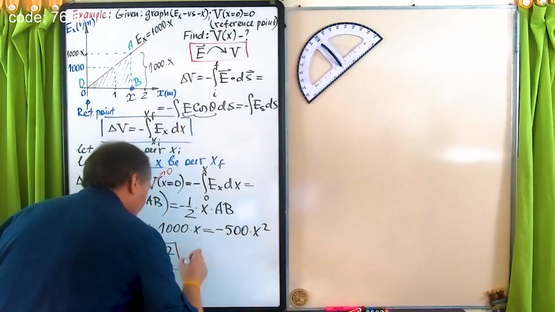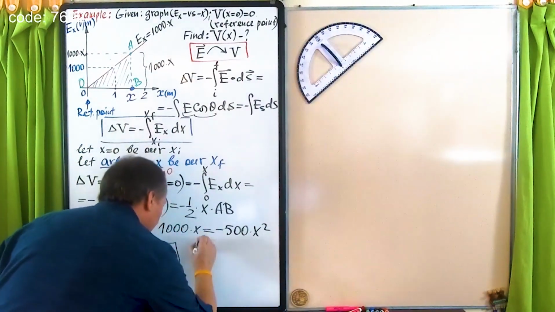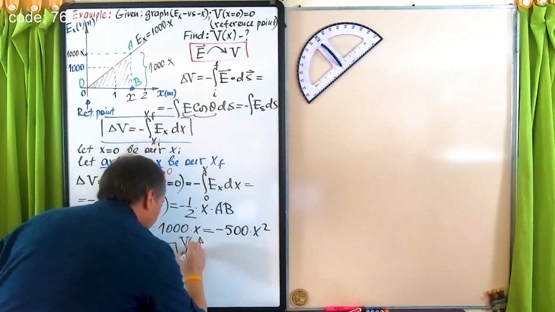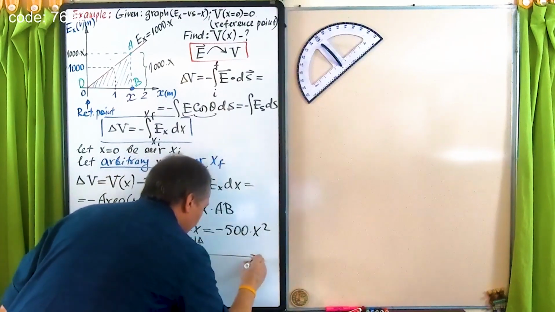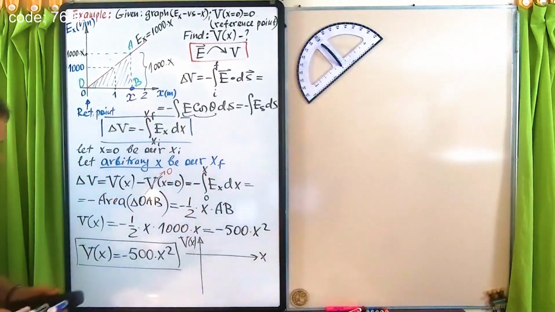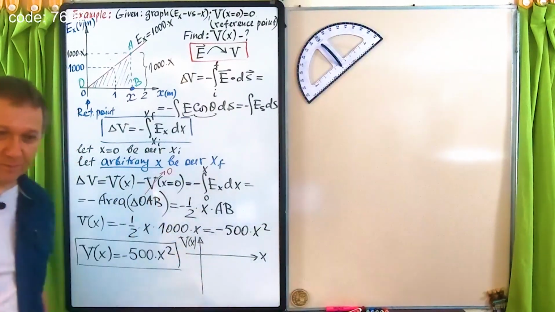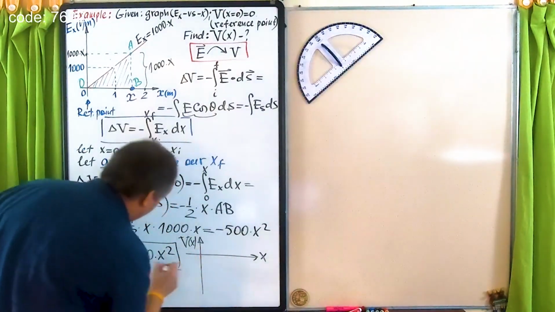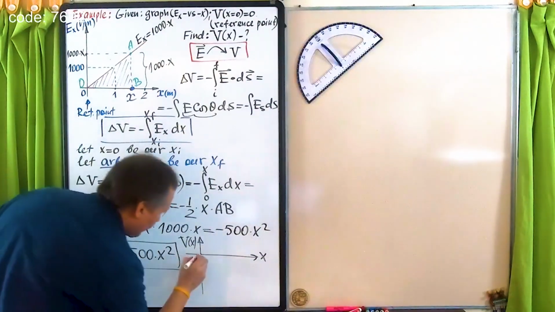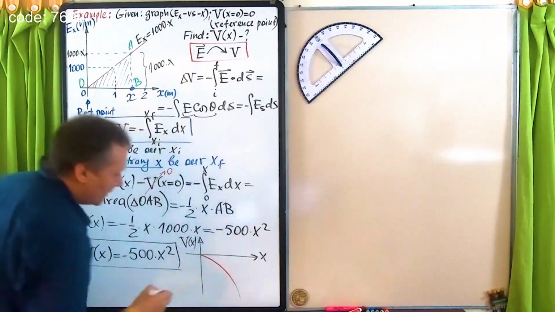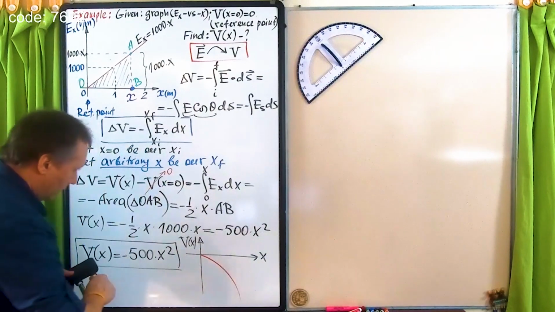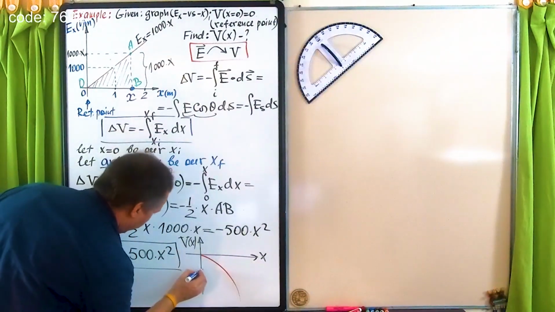If I plot quickly, let's say this is V as a function of x. This is x. It's a parabola with a branch down. Let me plot it. It goes through the origin, of course. Something like this.